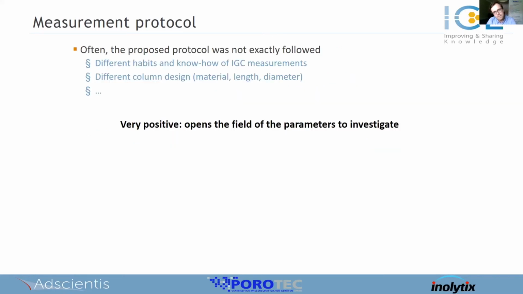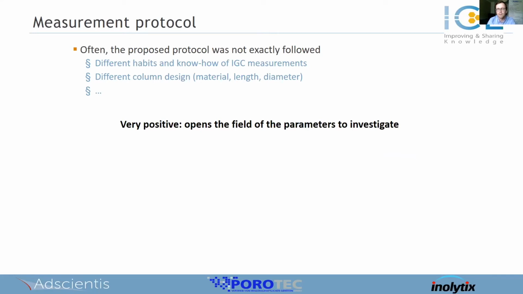The current status is that we got 17 measurements from 12 participants. So also reproducibility measurements were performed by the participants. Often the proposed protocol was not exactly followed because each user has different habits and know-how.